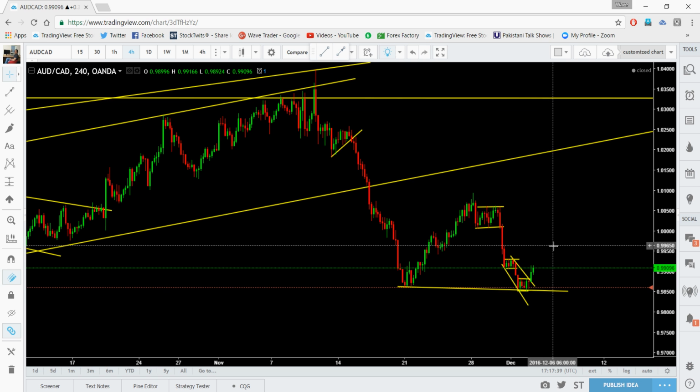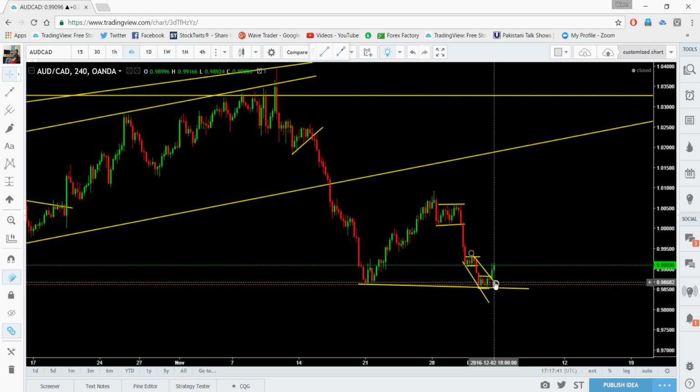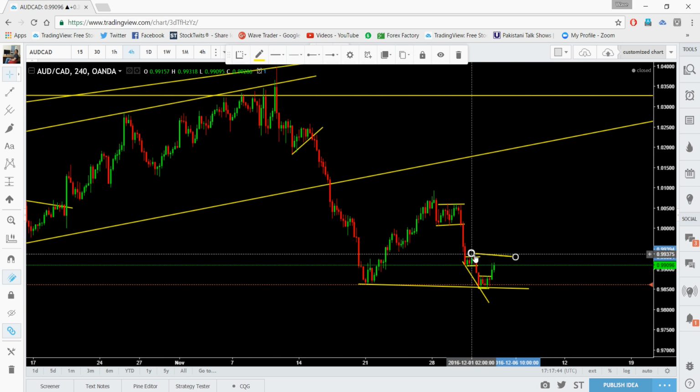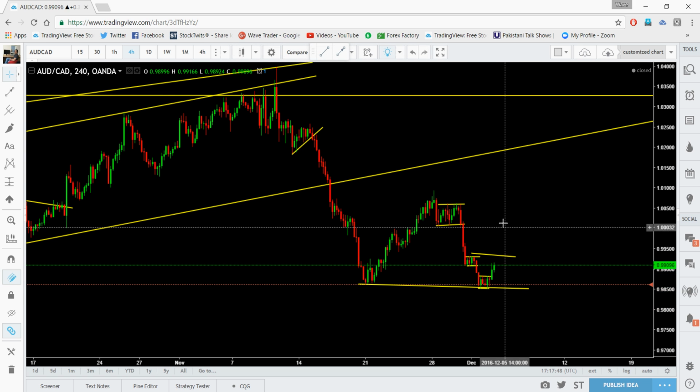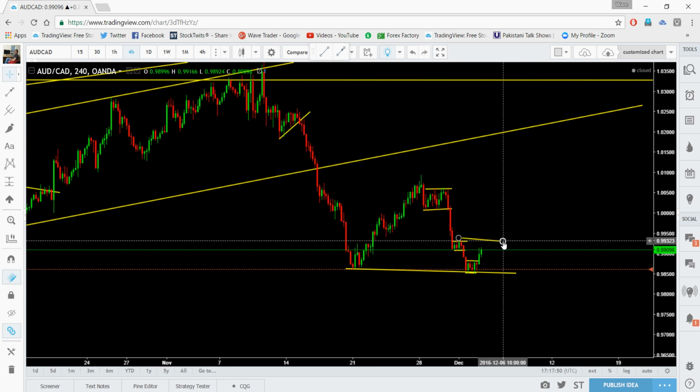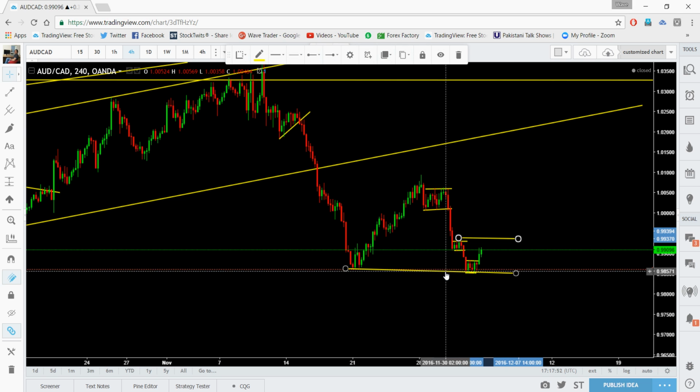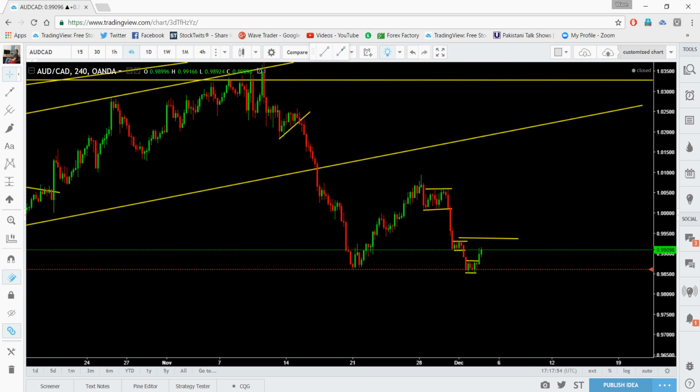Okay, so if we don't see that formation, then we're going to see some trend continuation pattern here at this place, at the current place, something like this. A trend continuation pattern like a flat channel or triangle, and once we see a clear formation here, I'll update you in the group.